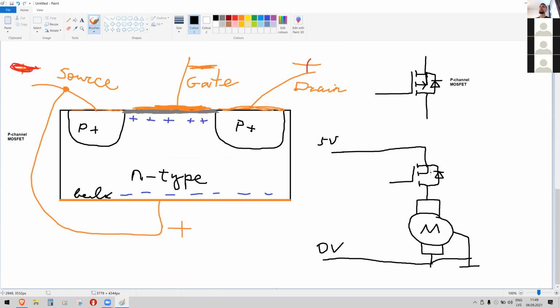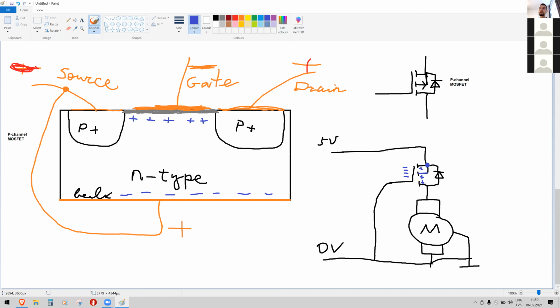Now, what you need to do to turn on this P-channel MOSFET is you need to attract pluses to the channel. You can do it with minuses. So in this case, you connect gate to 0 volts to charge it negative. And the bulk is hard-coded, connected to 5 volts, so it will charge positive.